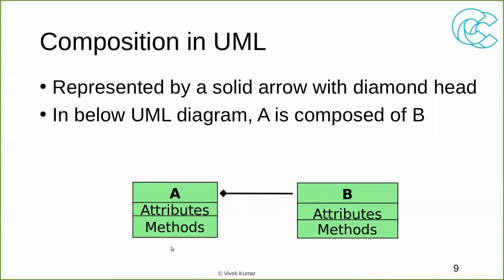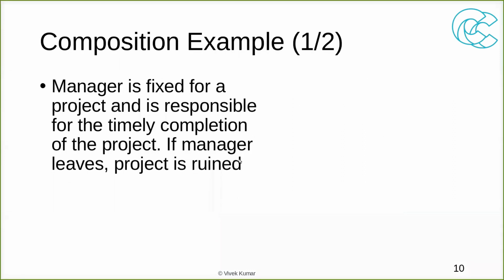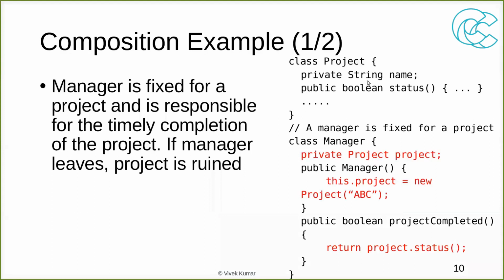Again, I think it's easier to discuss this after discussing an example. So okay, let me do that. Let's say you have this project class and a manager class. Every manager looks at a project, and if the manager ceases to exist, then, at least for the sake of this example, assume that the project also ceases to exist.